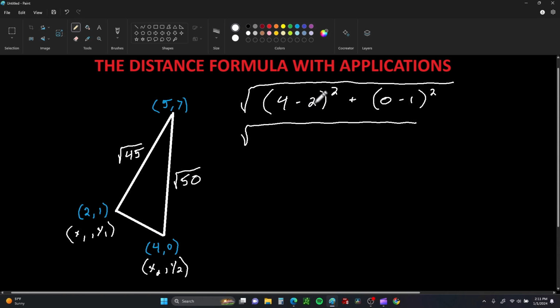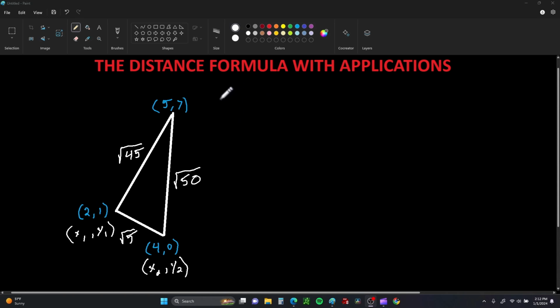So I'm going to get 4 minus 2 is 2, 2 squared is 4, plus, and then I have minus 1 squared, which is just going to be 1, so I have the square root of 5. And this side over here is the square root of 5.